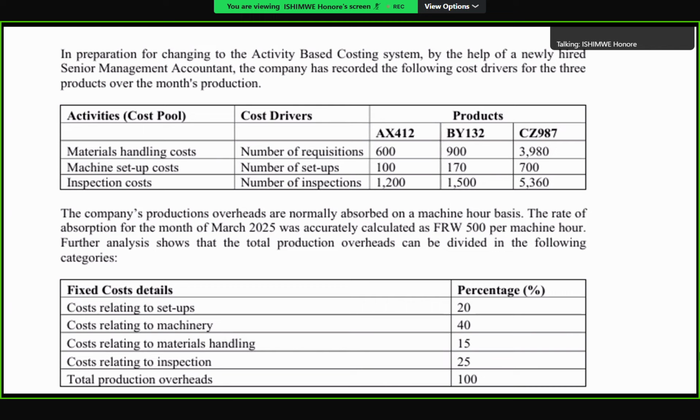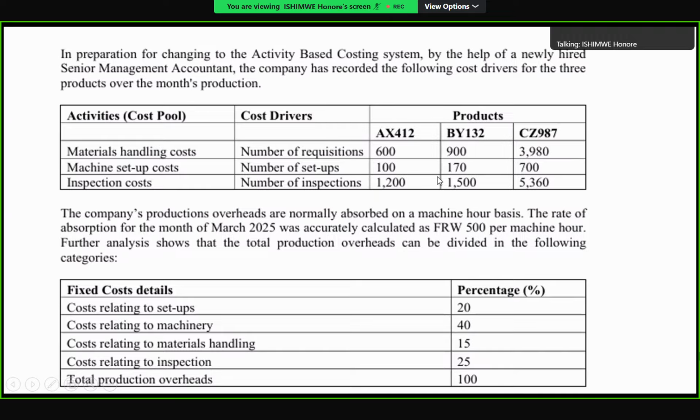We have activities, we have cost drivers, and we have products. So these things we already know. What does it mean to us? We have material handling, machine setup cost, and inspection cost. We have the number of requisitions, number of setups, number of inspections. These are the numbers for each product we are producing.